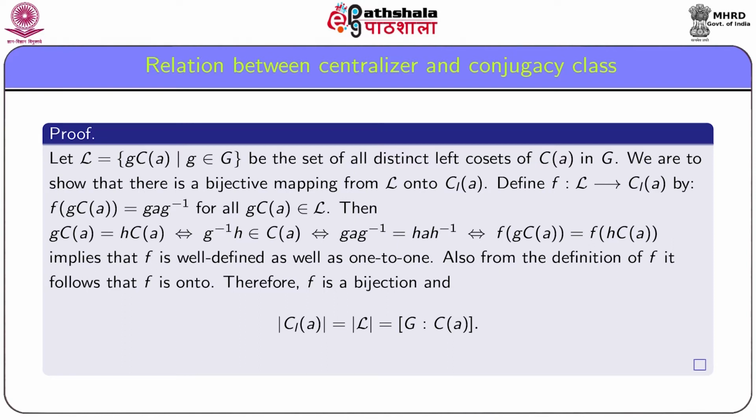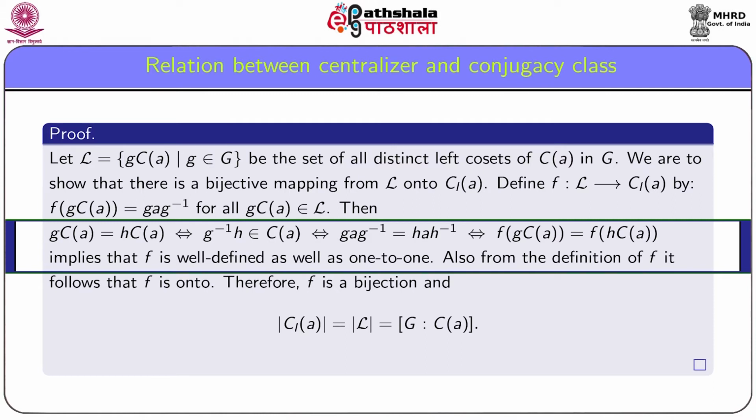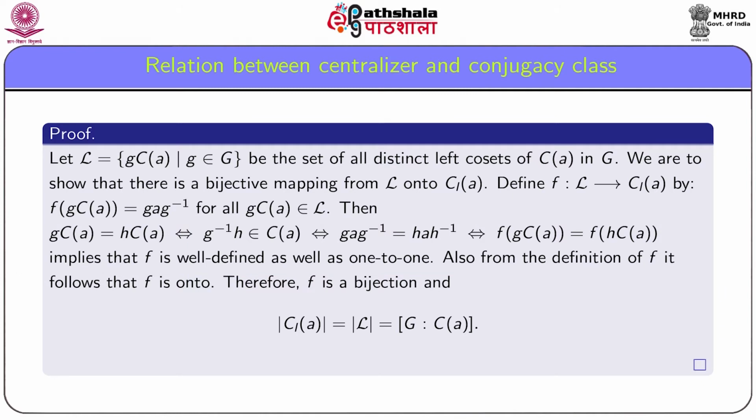So, consider two elements gC(a) and hC(a) such that gC(a) is equal to hC(a). This is if and only if g inverse h is in C(a), if and only if g inverse h commutes with a, and gives us gag inverse is equal to hah inverse.